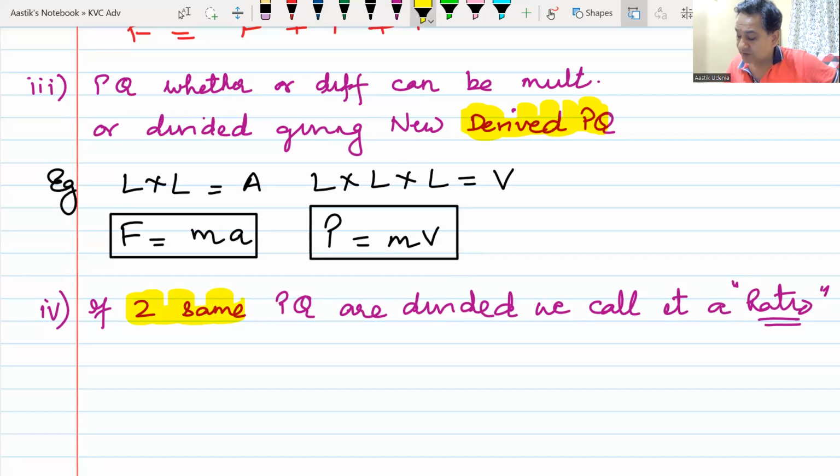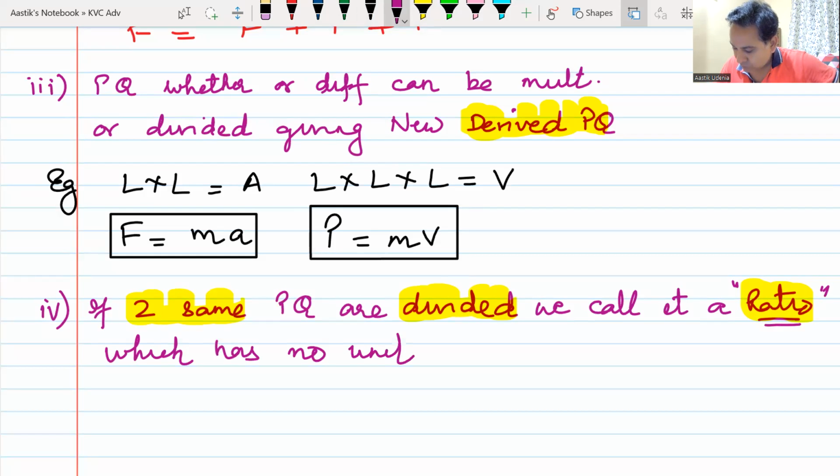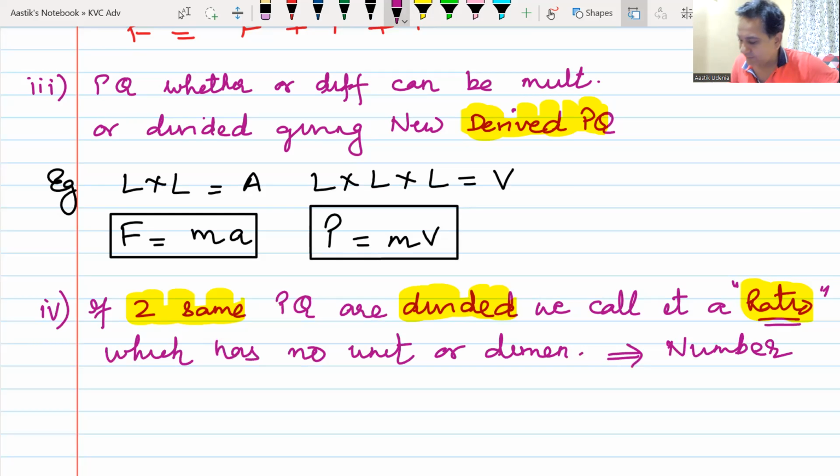Two quantities which are same and are divided, we get something known as a ratio, which has no unit or dimension, because it is a pure number. Do we understand this? Yes or no? Yes, sir. Example, sir.